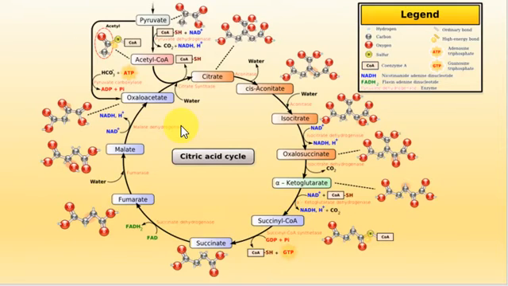In the fourth step, the second oxidation and decarboxylation reaction results in the formation of succinyl coenzyme A from alpha ketoglutarate.